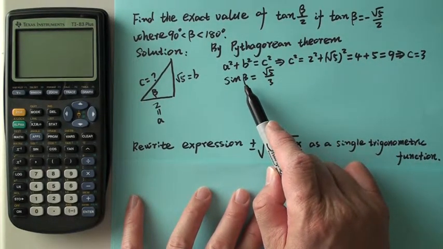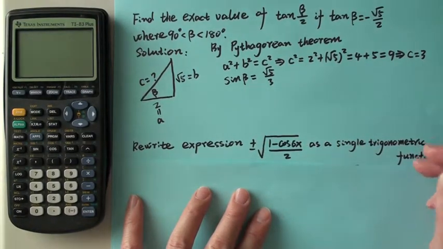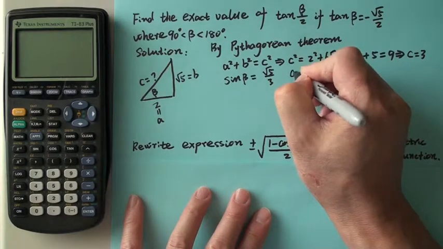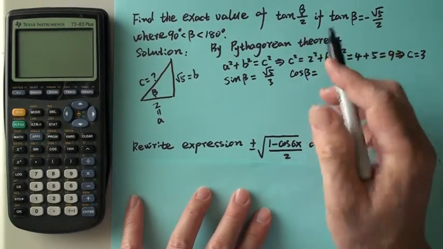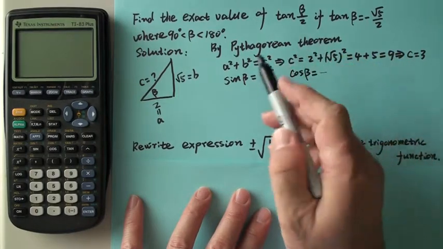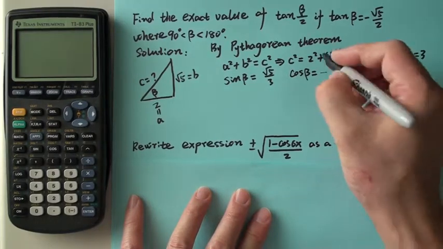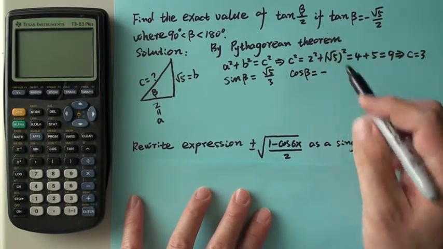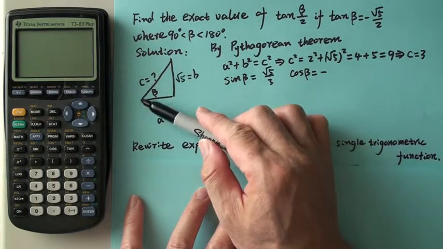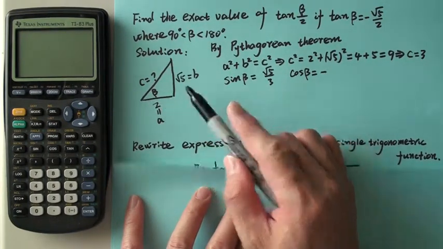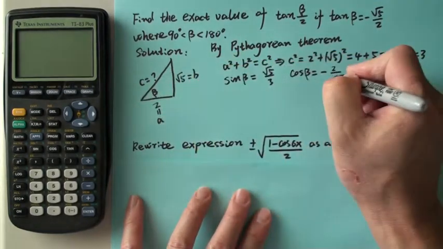Sine beta is positive in quadrant 1 and quadrant 2. Cosine beta is negative in quadrant 2. Okay, so you put the negative here first, and then adjacent over hypotenuse. Adjacent is 2, hypotenuse is 3.